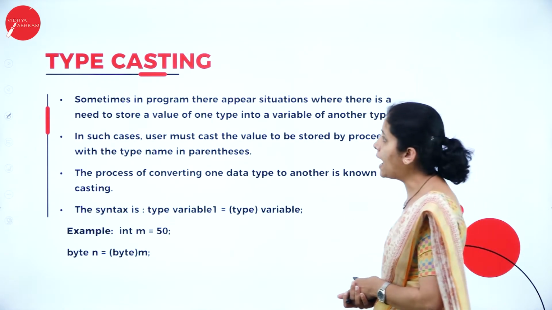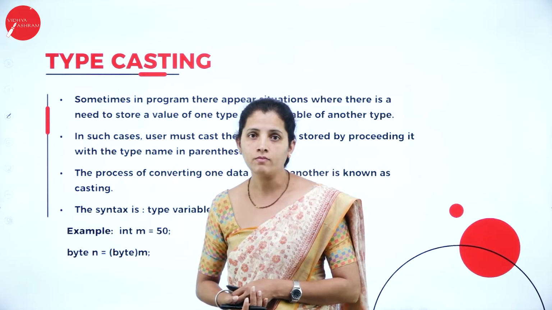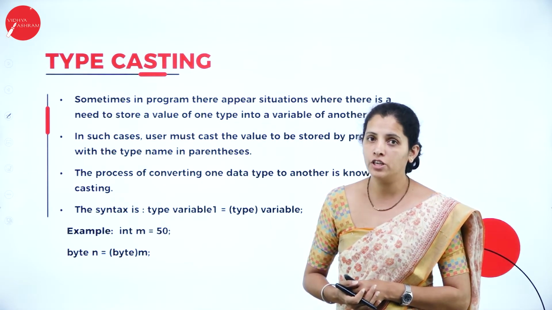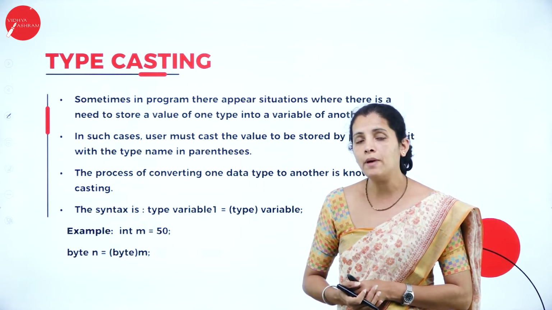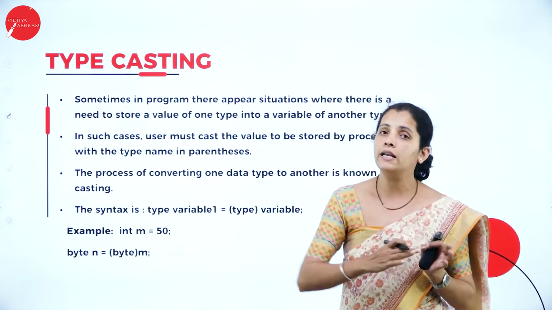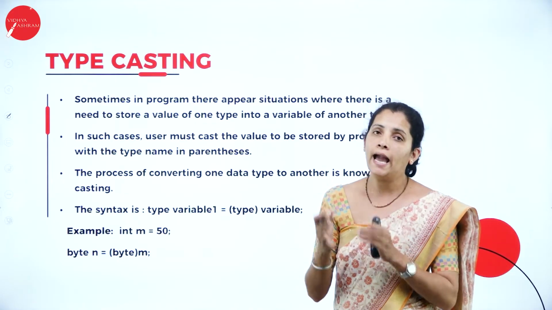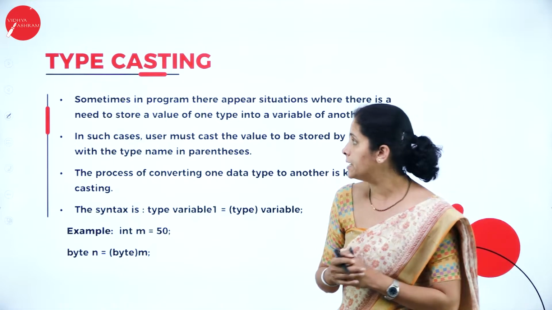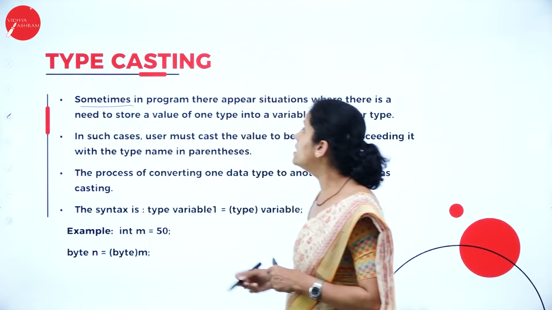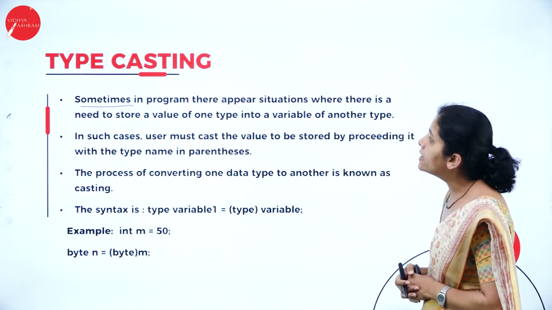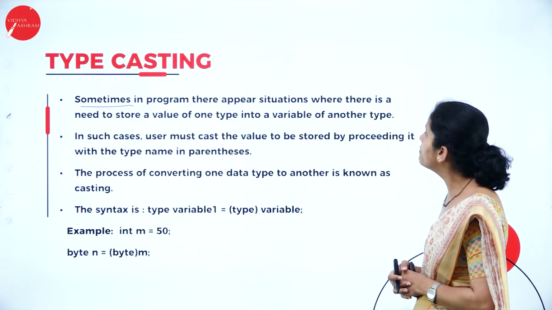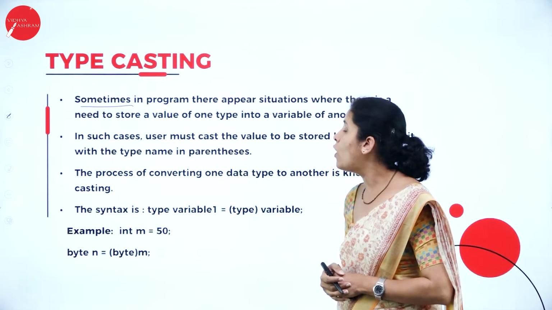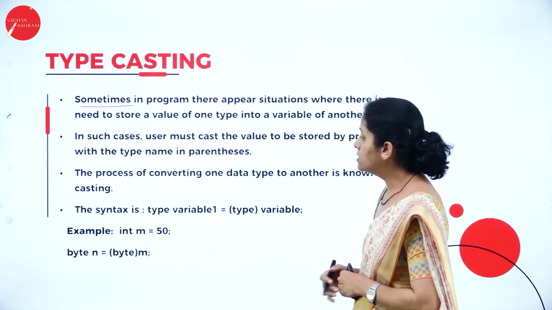Now I'm going to have typecasting. So what is typecasting? That is nothing but type conversion. There are certain times I want to convert one data type to another. That can be done implicitly as well as explicitly. Sometimes in a program, a situation appears where there is a need to store a value of one type in another.